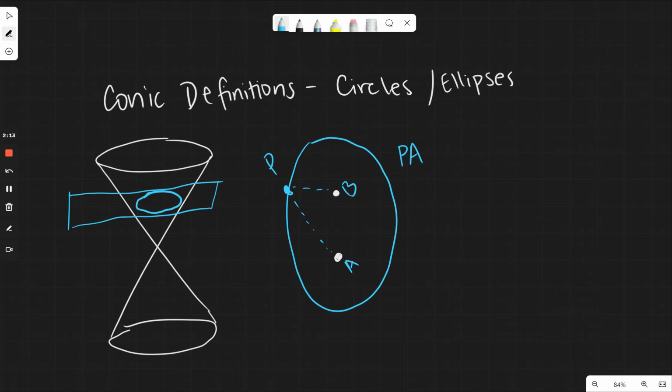PA plus PB is going to be constant as this point travels around. So let's say we had a point here, and this is Q. Well, we also know that QB plus QA is going to be the same length because the sum of the distances to the foci is constant. It stays the same no matter what point you're at in this ellipse.